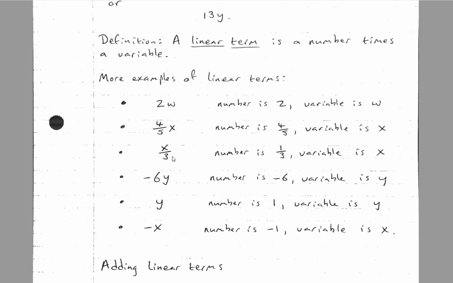We're dividing x by 3, but you could think of that as 1/3 times x. So that's a useful way to picture this linear term. If you multiply 1/3 times x, it looks like this.